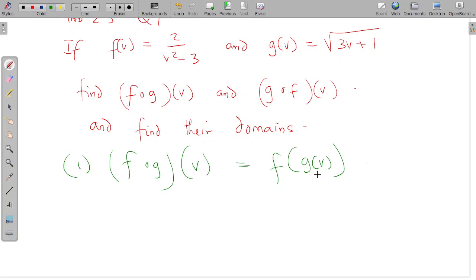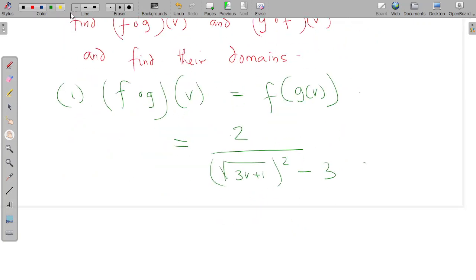So we are putting the g function inside the f function, and that will give us, anywhere we see v, we put g of v. So we are going to have 2 over root 3v plus 1 squared minus 3.